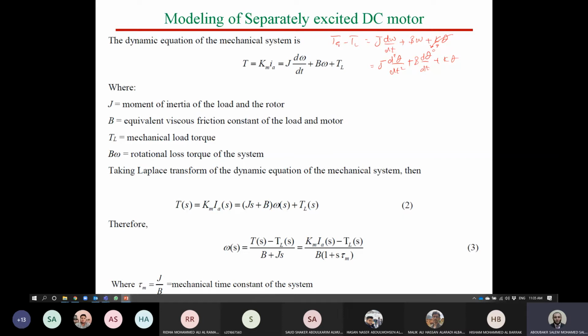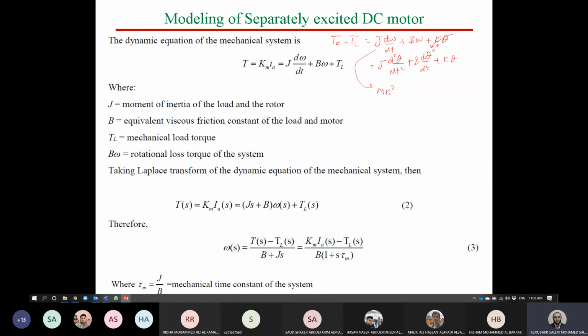So we can say now T electric minus TL, which is the load torque, equals J, the moment of inertia of the moving part, which is the rotor. J, the moment of inertia, is calculated as m r square. M is the mass of the rotating rotor, R is the radius of the rotor core.